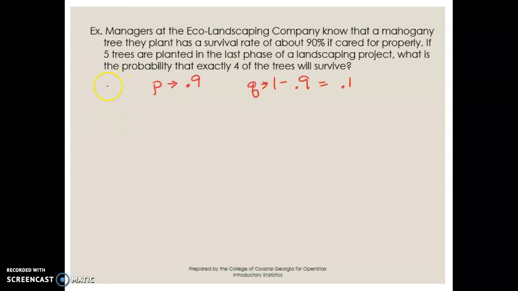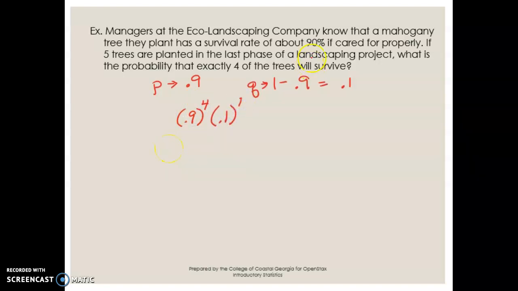All right, now, expanding this out, we have 5 trees, and the probability that it survives is 0.9, and there are 4 of them we want to survive, and 1 that doesn't survive.